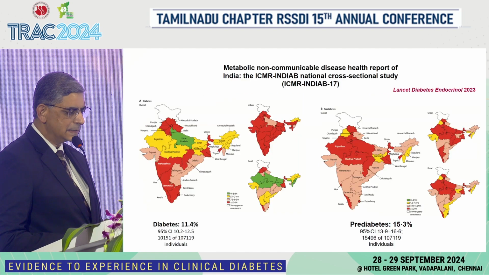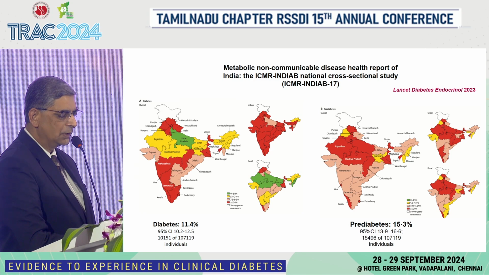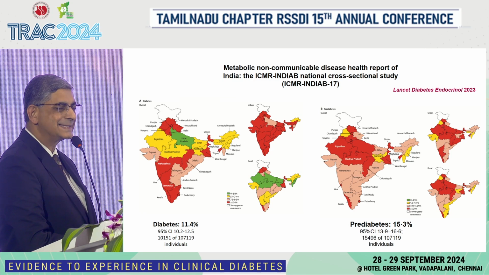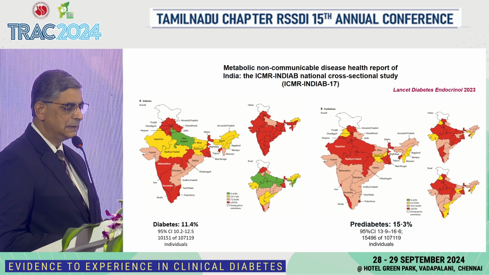Now, if you look at the demographics and the heat map all across the country, you find that there isn't a single area in the country that is spared. The urban-rural divide that was very high in previous years has now narrowed down, and we find that the lifestyle problems, as much as they are in the urban areas, also reflect in the rural areas.